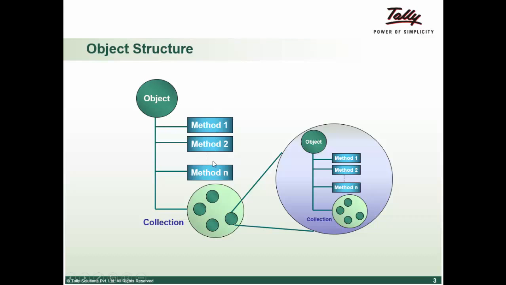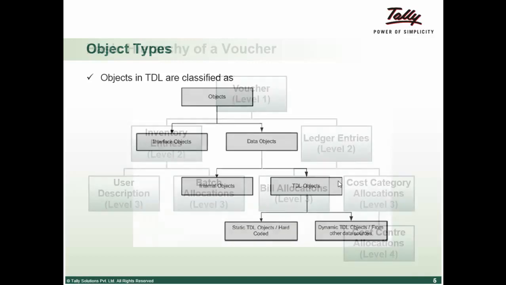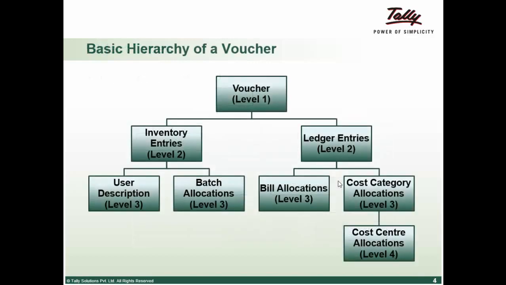Primary objects contain methods and sub-collections. A sub-collection is a group of sub-objects, and this sub-object contains methods and sub-collections. So as the structure clearly states, an object is made up of methods and sub-collections.